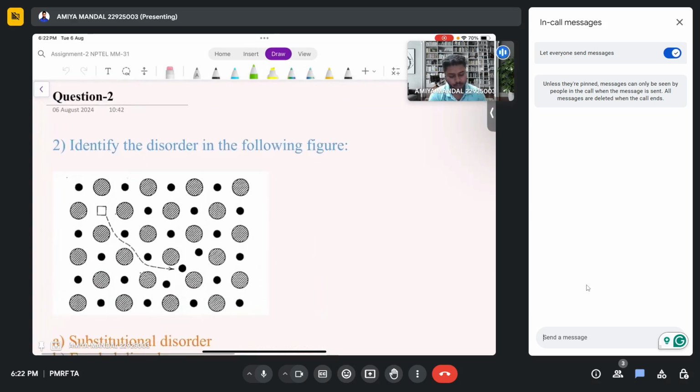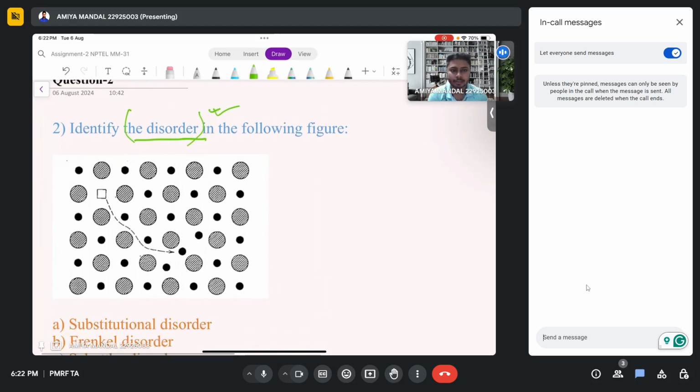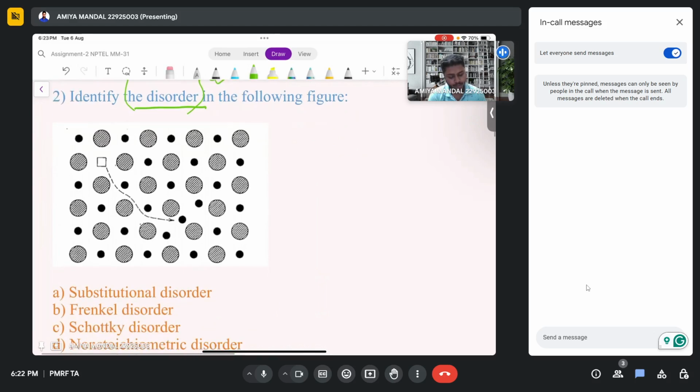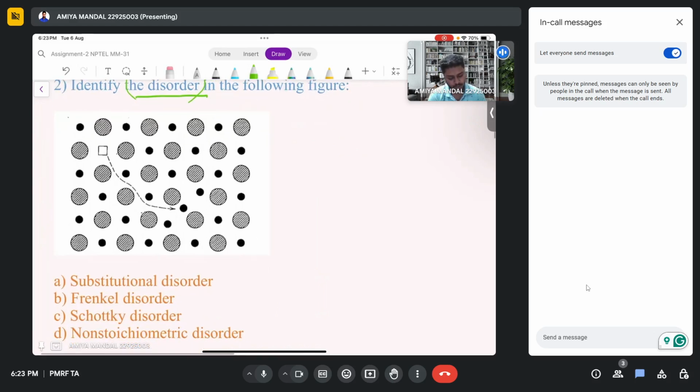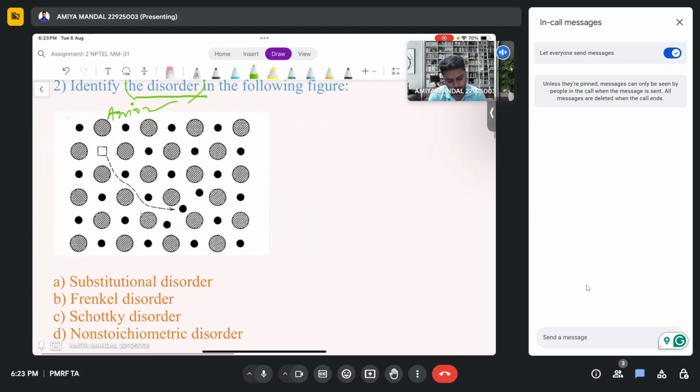Okay, identify the disorder in the following figure. You have already learned about the disorder present in the crystal structure. How many types of disorder, what types of disorder are present? Based on this the question has been made, and this larger ion is anion. Larger is anion, okay, and the smaller ion is cation.